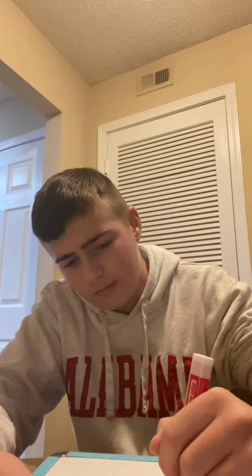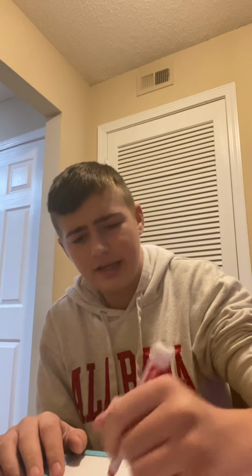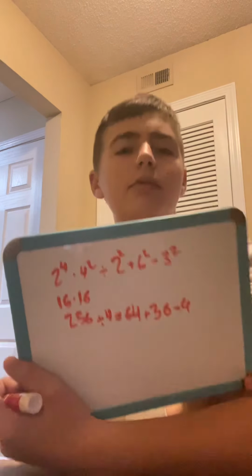Alright, let's split it up. 2 to the 4th, 16, we already learned. And 4 to the 2nd is 16. So let's just break this down. Divided by 2 squared, divided by 4. 16 times 16 is 256.